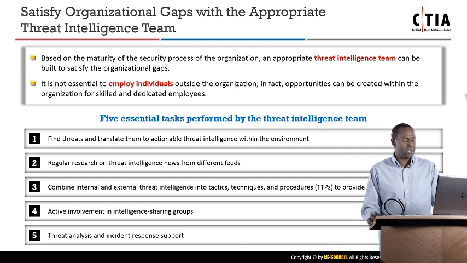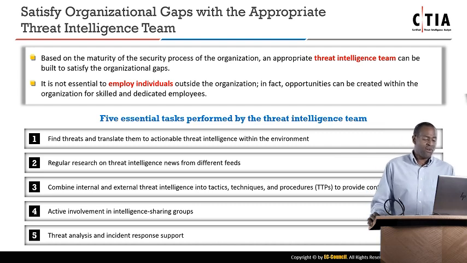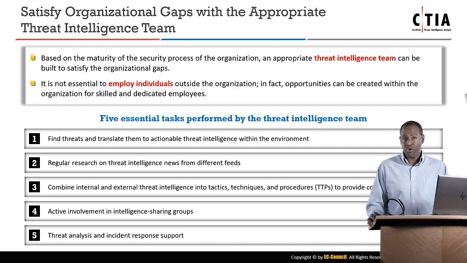So contextualizing the threat. Number 4, active involvement in intelligence sharing groups. So the employee who's involved with threat intelligence is going to be involved with multiple groups, both locally and nationally and internationally, to make sure that they are on top of the latest threat intelligence that is available.